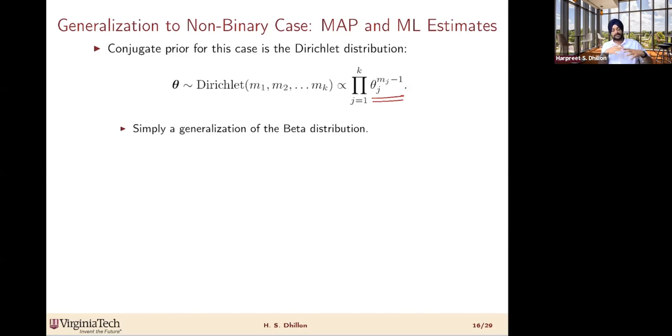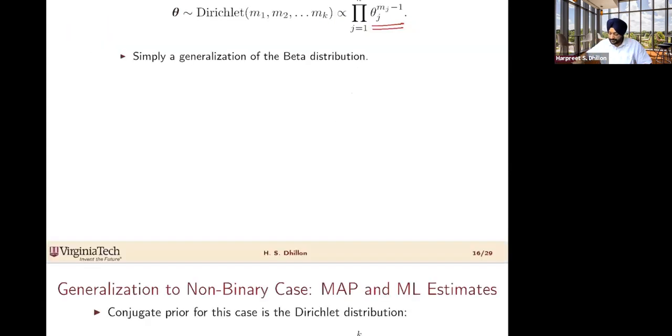We had pretty much the same form in the binary case, where we had theta raised to the power mh minus 1, and 1 minus theta raised to the power mt minus 1. You can treat theta as theta 1 and 1 minus theta as theta 2, so it's straightforward to recover k equals 2 from this expression.